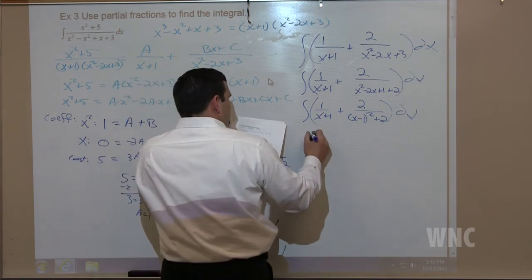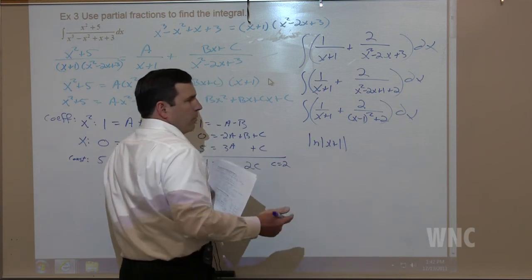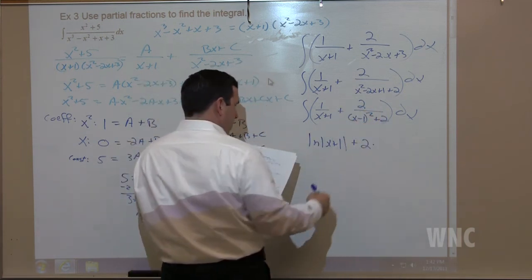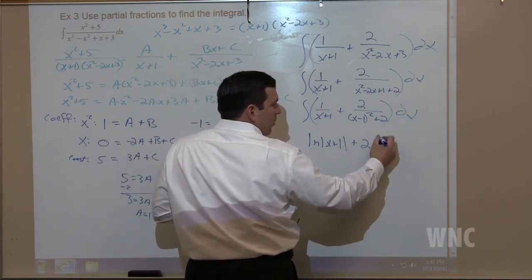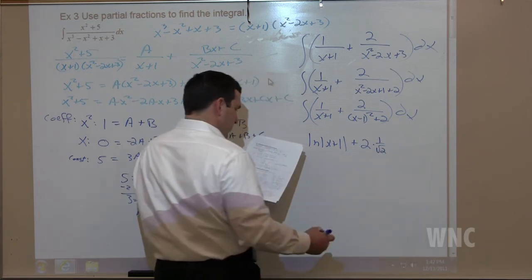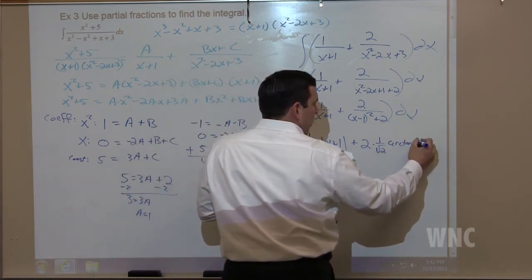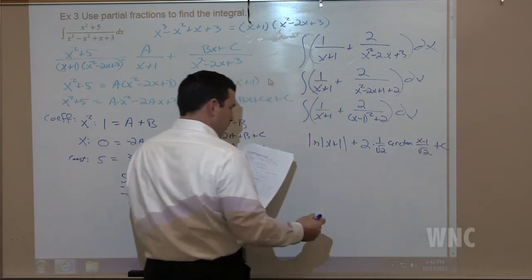And then this will become natural log of the absolute value of x plus 1. I think we all see that one. I hope we do. Plus 2 times, this is an arctan, where our a is the square root of 2. So 1 over the square root of 2, arctangent of x minus 1 over the square root of 2 plus c.